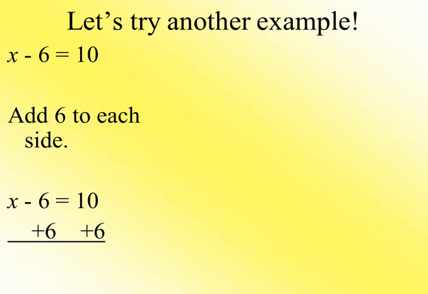I can't just add 6 on the left, even though that's where I want to get x by itself. I need to do it to both sides to get x by itself and get to my answer. And that's all we're ever going to be doing with these. It's all about equality. It's all about one side equaling the other.